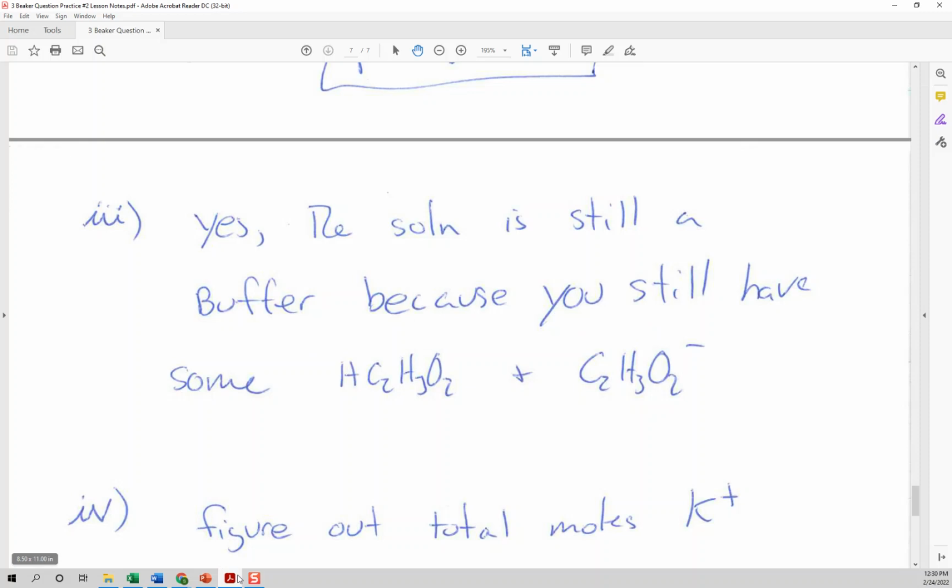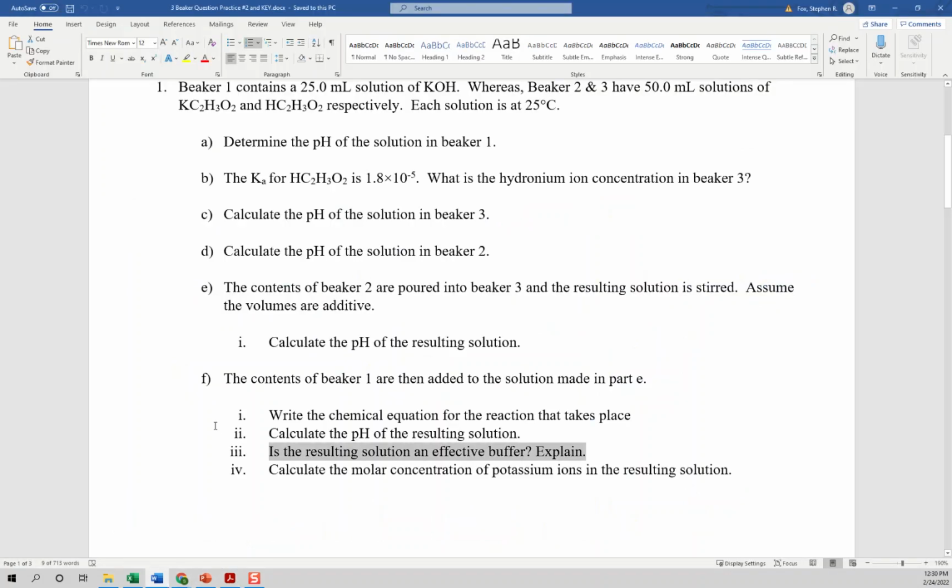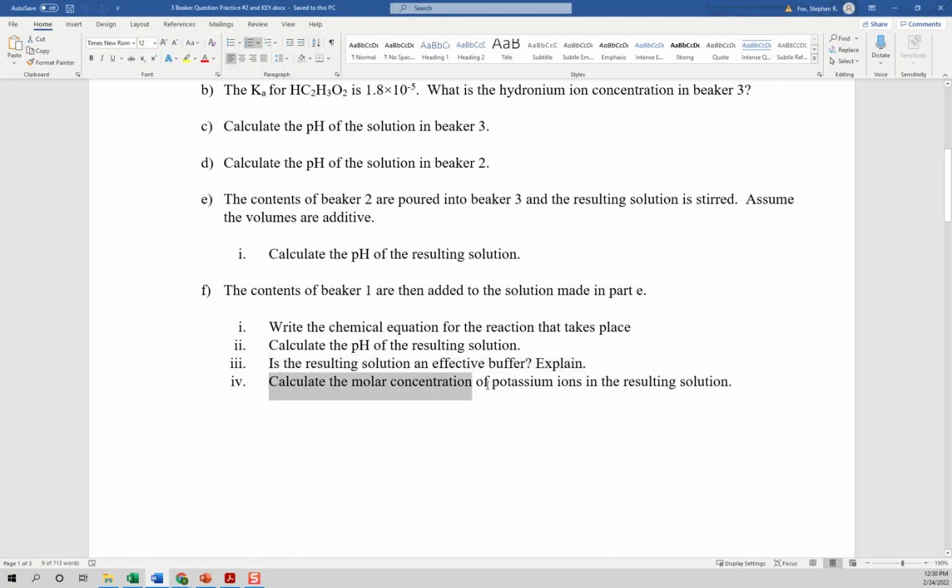Now, part 4 is asking us to calculate the molarity of the potassium ions when everything's mixed together. Normally we don't care about potassium, but now they just want us to know the new molarity. The important thing to know is that the potassium doesn't react with anything, so all of the potassium that was dissolved originally is still dissolved.